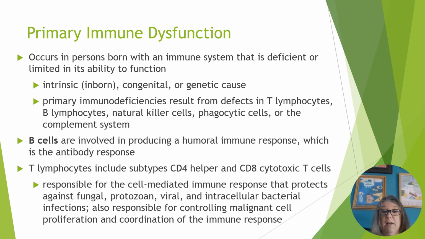First line barriers and the inflammatory response are part of innate immunity. So innate, we're born that way, right? That reacts to an initial exposure to an antigen or microbe in a rapid, non-specific fashion. We're born this way, so we don't necessarily know what we're going to come in contact with. So these are non-specific, okay?